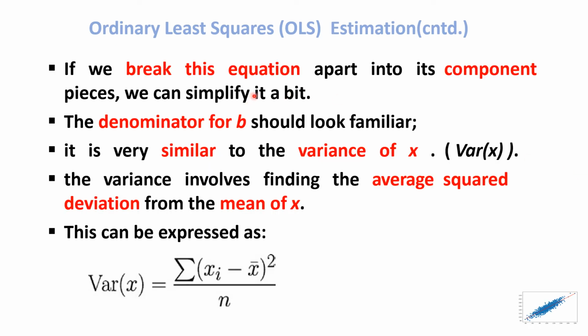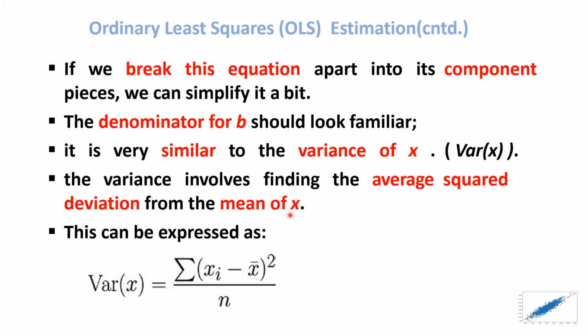If we break this equation apart into its component pieces, we can simplify it a bit. The denominator for B should look familiar as that of the variance of x, and the variance involves finding the average squared deviation from the mean of x.